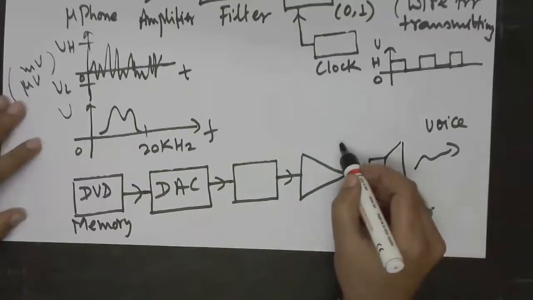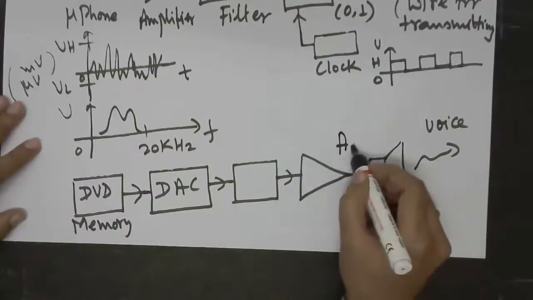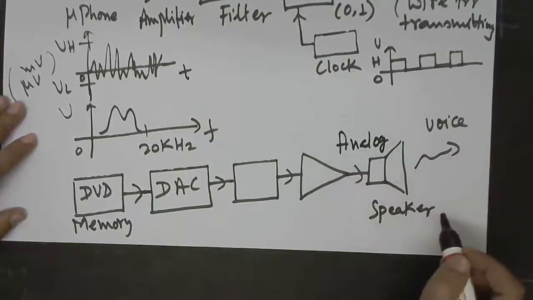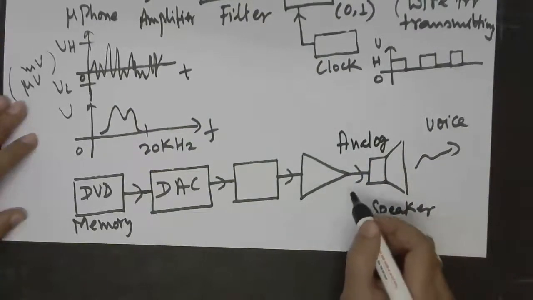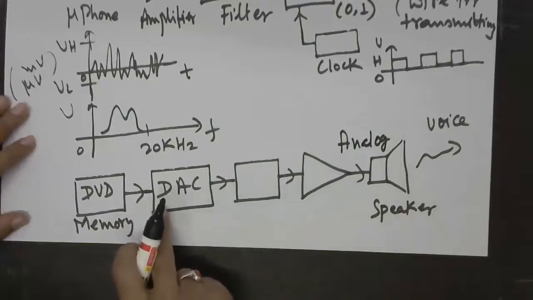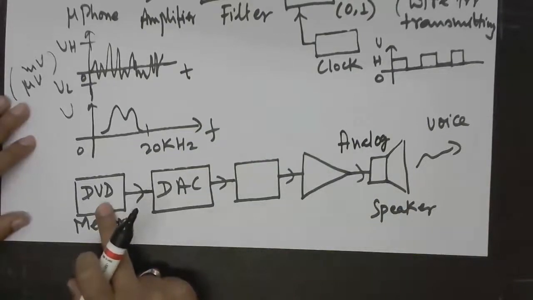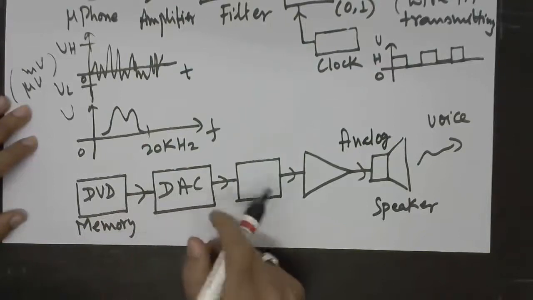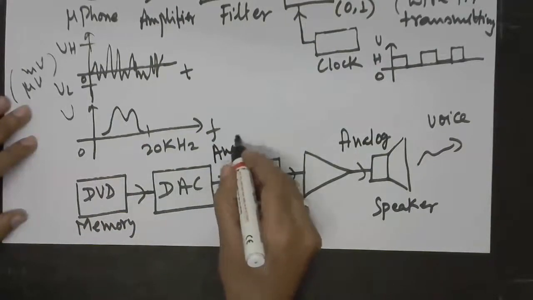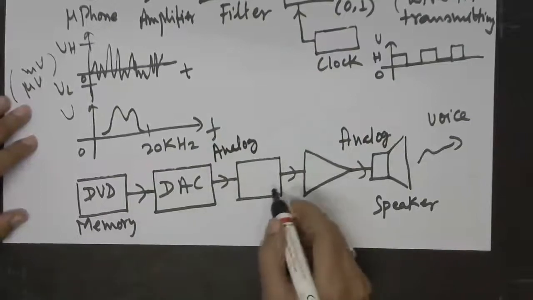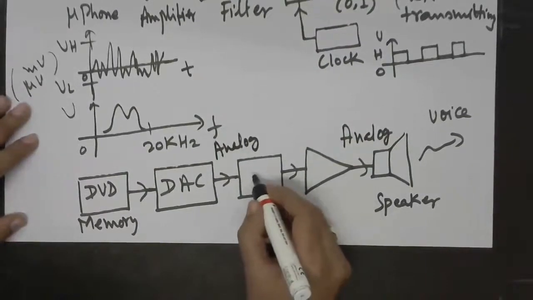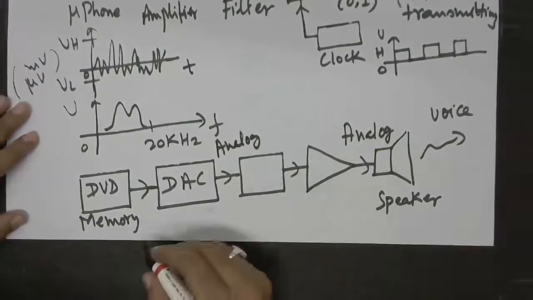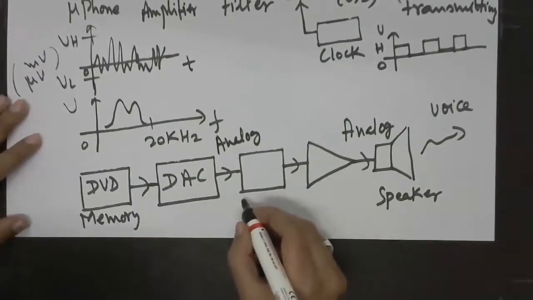That means the signal that should be fed to speaker also has to be analog. So this digital information or the voice in digital form that has been received or stored has to be converted back into analog form, and then there could be filtering, sometime done for certain sound effect.